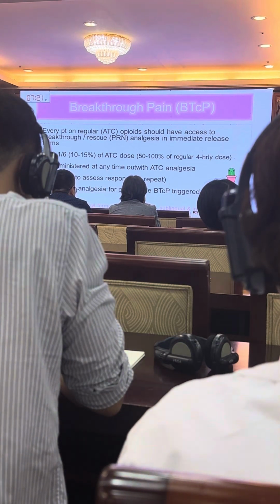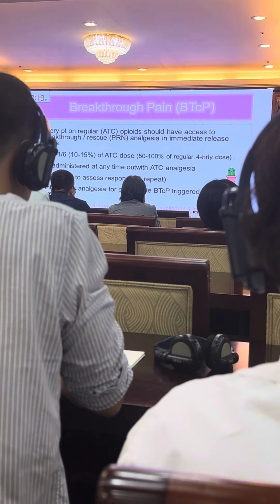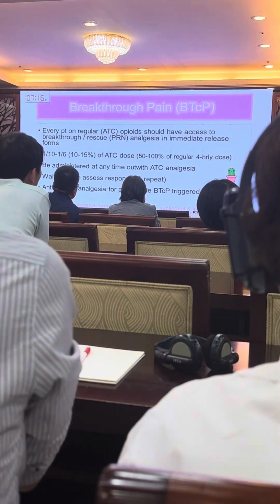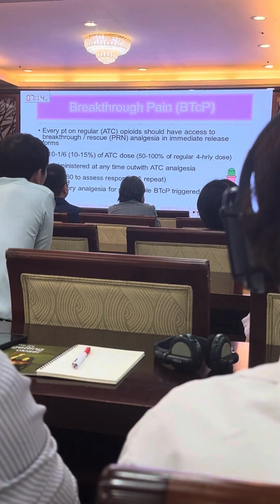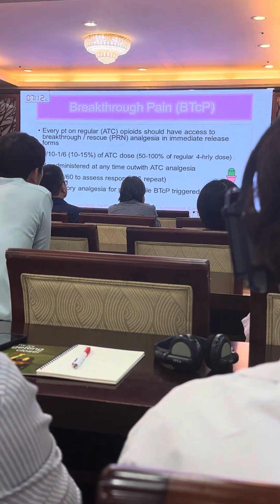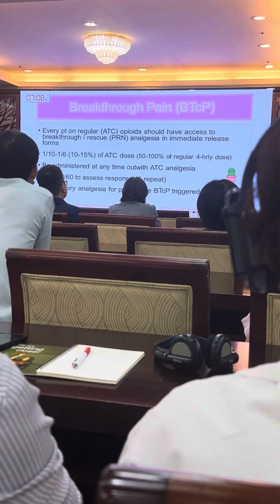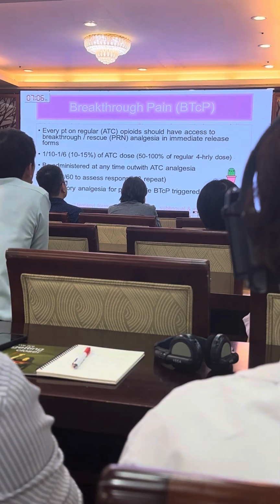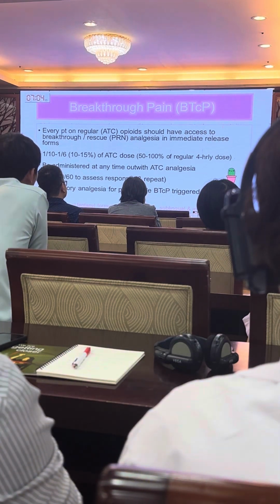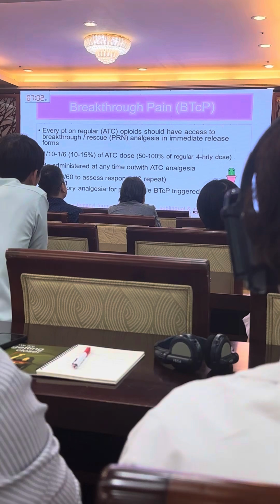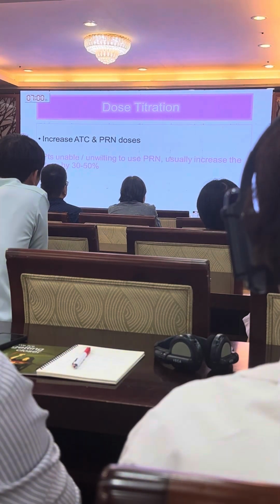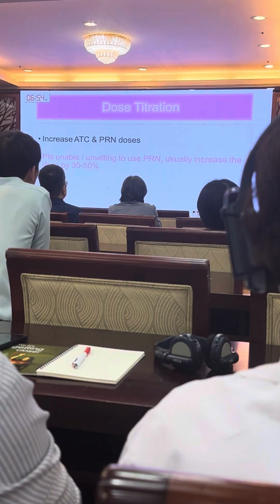And you can do more advanced treatment by giving morphine before the patient has pain, but you have to be sure that the patient will have pain. So it's called anticipatory analgesia for predictable breakthrough triggered by known events. When you increase the around-the-clock dose, you have to increase the dose of PRN as well.